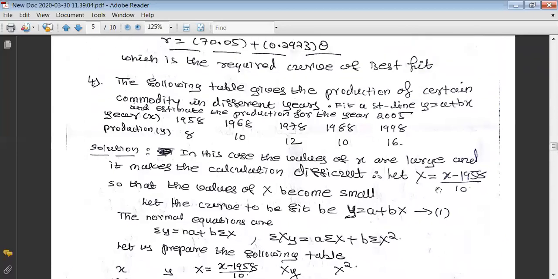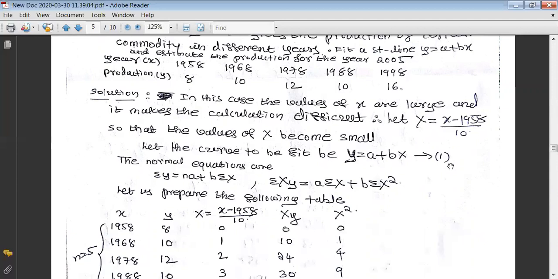Now, instead of fitting the curve small y equal to a plus b into small x, now taking the equation of the curve to be fit as small y equal to a plus b into capital X, where capital X is defined like this. And again, it's a straight line, and we have to write the normal equations.